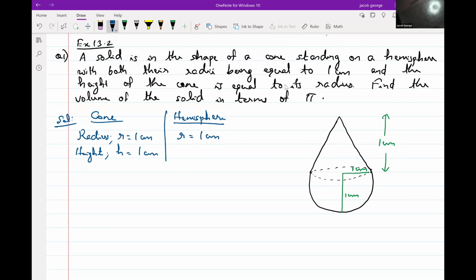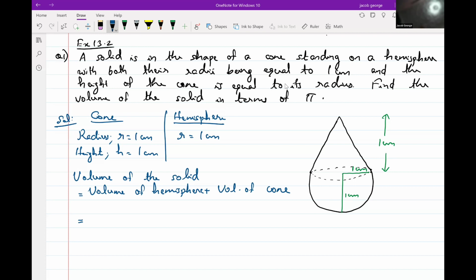Then we have to write the volume of the solid. Volume of the solid is equal to volume of hemisphere plus volume of cone.